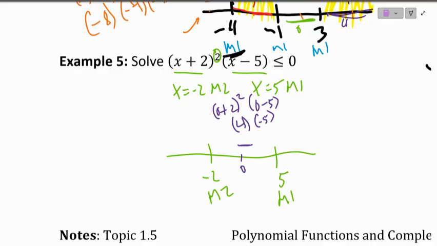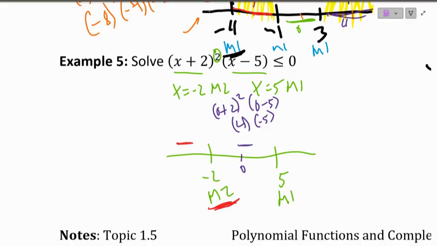Now, I just need to worry about the multiplicities. So from 0, like from this middle section, if I go across -2, because of the multiplicity of being 2, it's an even multiplicity, which means it bounces if you're looking graphically, which means if it was negative, it stays negative.